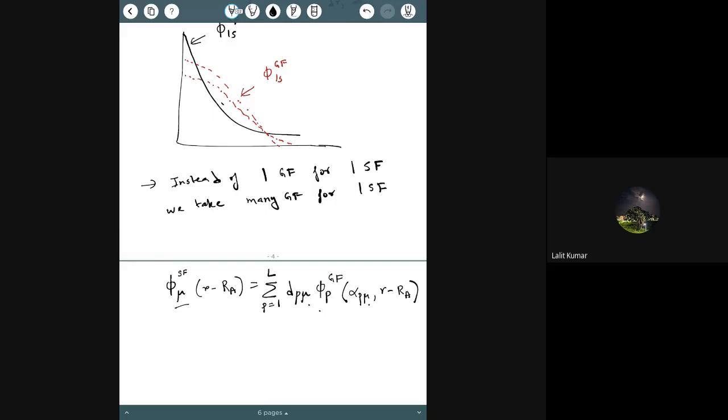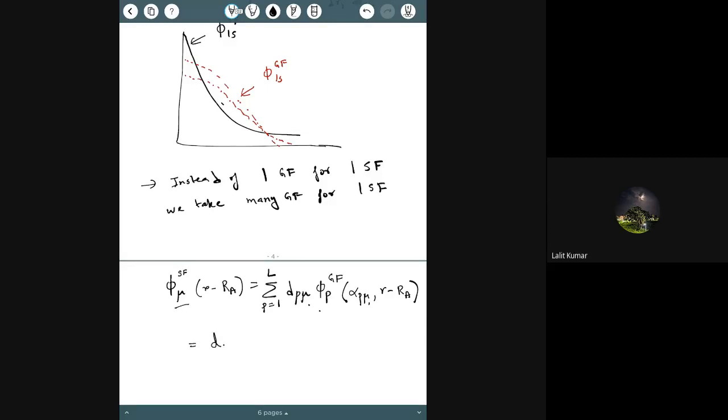And alpha p is the exponent of the p-th Gaussian; so you have alpha 1, alpha 2, alpha 3, etc., which are the exponents of the first, second, third Gaussian functions, which have a combining coefficient of d p mu. So let me just write it for a particular example that will make it clear.